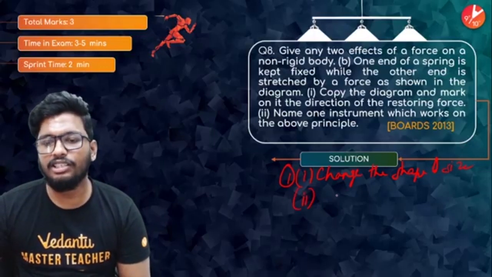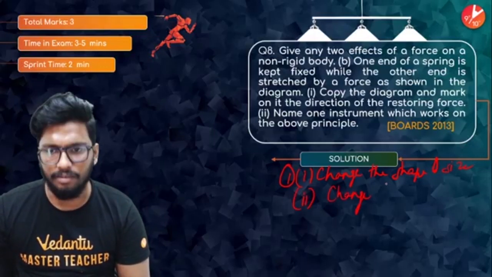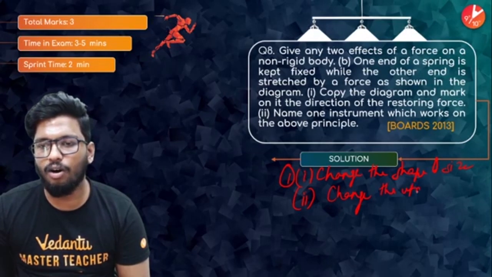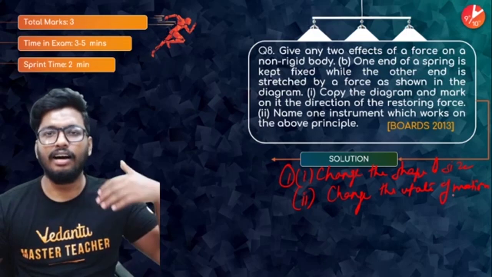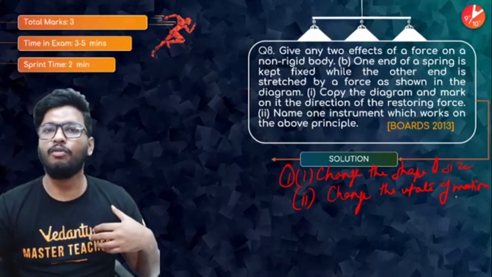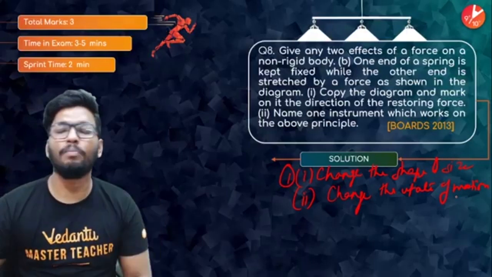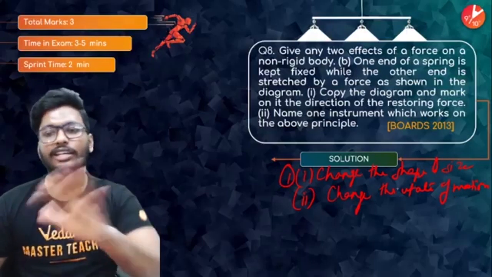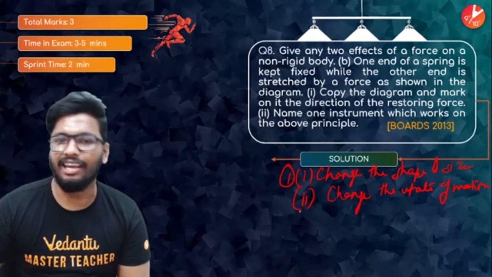Secondly, you can also say that it can change the state of motion. If it's in the state of rest, it can bring about a change from rest to motion. If it's already in motion, it can also bring the body to a state of rest. So change in state of motion is also one more change that it can bring about.